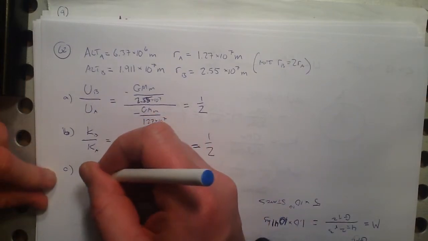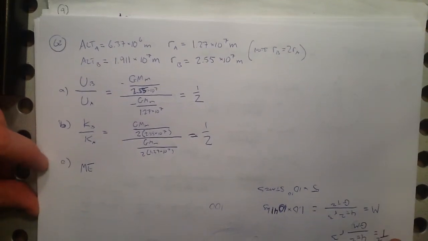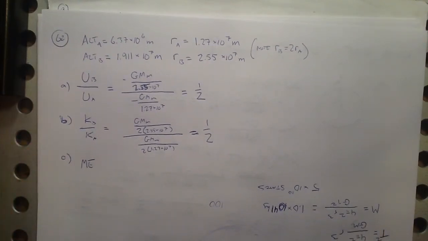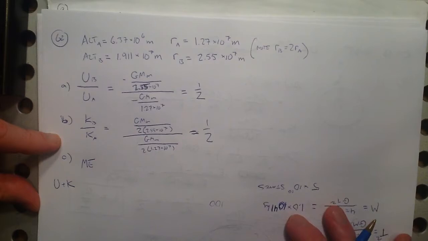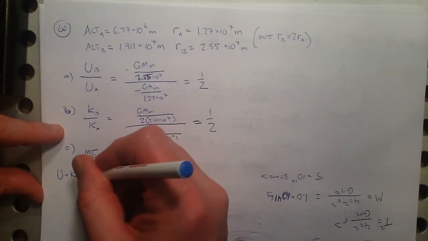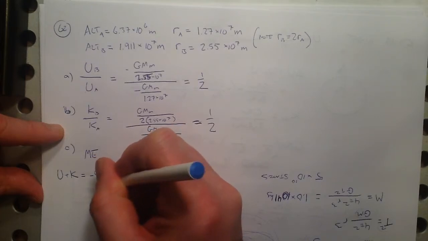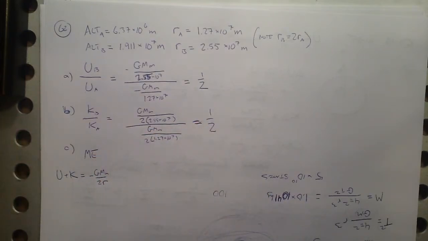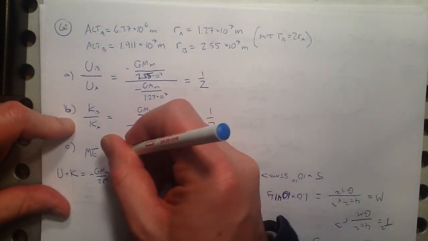So the total mechanical energy, remember from our notes, and I don't think this is necessarily something you need to remember, but if you add together U plus K for orbit, then you always get negative GMm over 2R. Right? Those expressions are very similar for potential and kinetic energy, and if you add them together, you always get negative GMm over 2R.